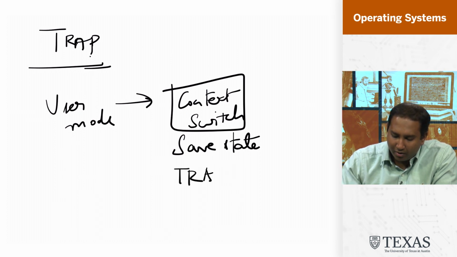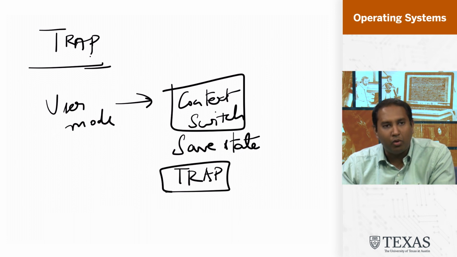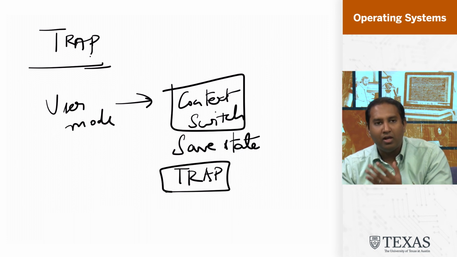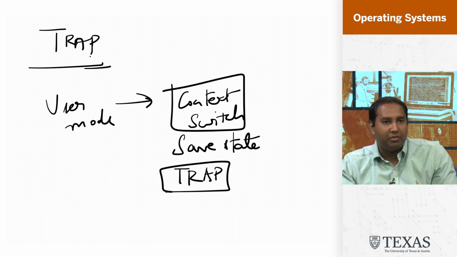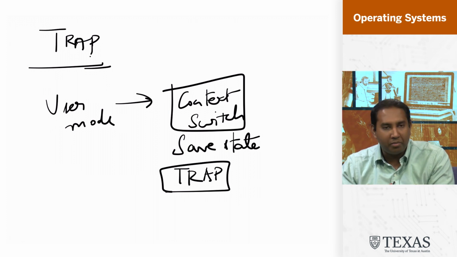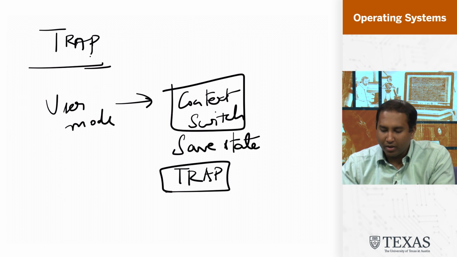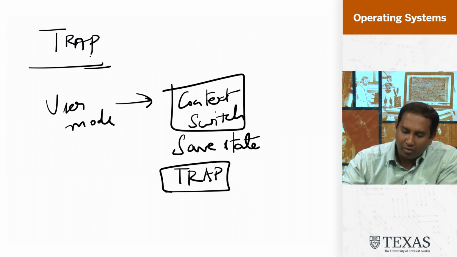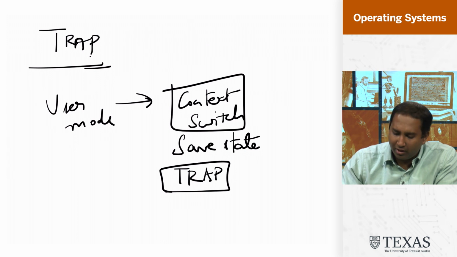So whatever you are currently working on in user mode, you save that state, and then when you invoke this trap, you need to tell the trap basically what to do. Every system call does something different when it goes into the operating system. So you need to tell the operating system what it is that you want it to do. And so what you do is you write the arguments for a system call in different locations.